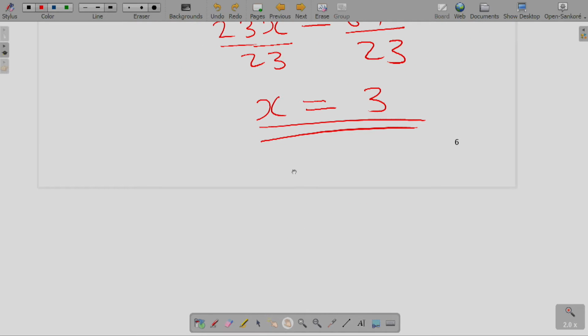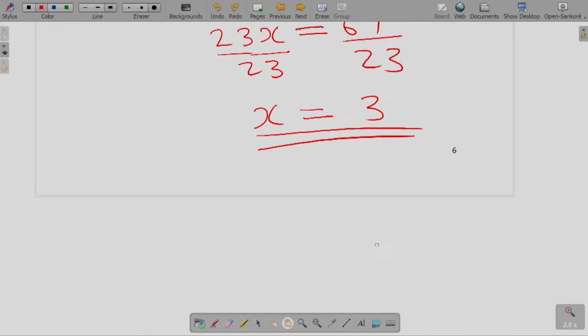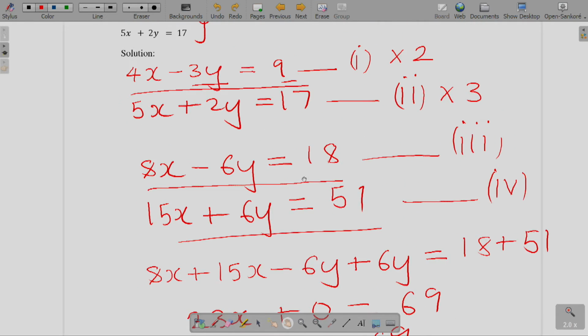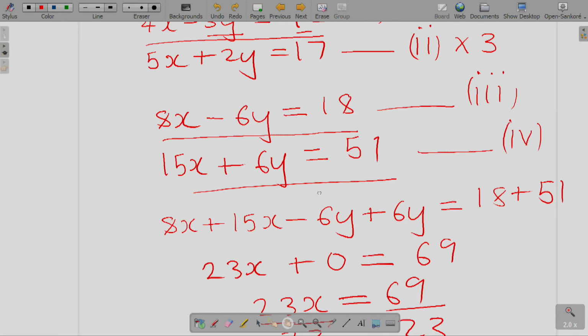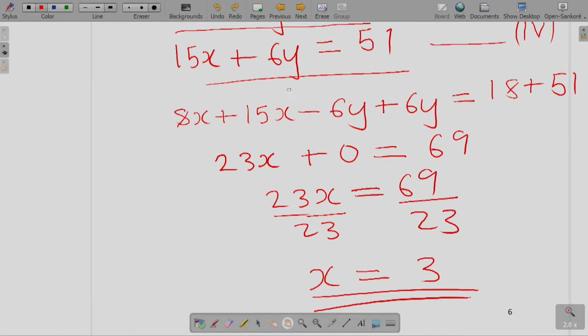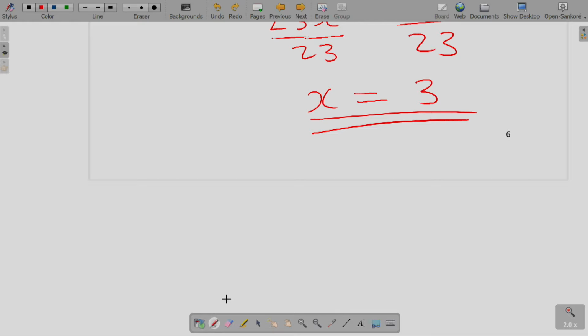So the following step is to find the variable y by taking equation 1, which is 4x minus 3y equal to 9.